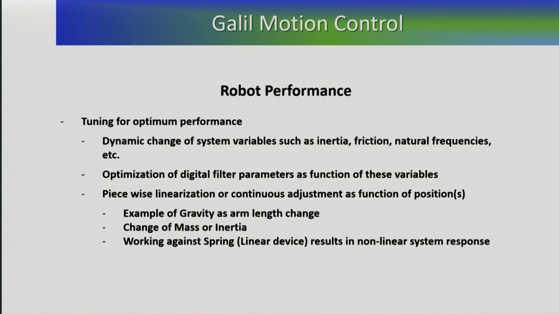Because those are already covered and will be covered further by my colleagues, we will skip those topics and not go into the mechanical selections, the transmissions, or the motor selections.